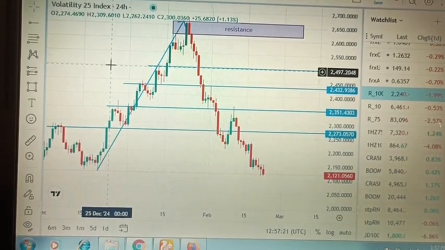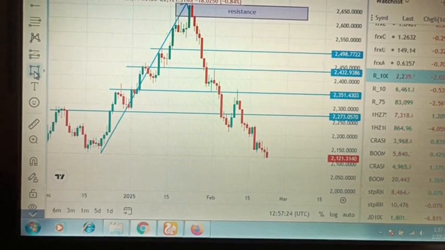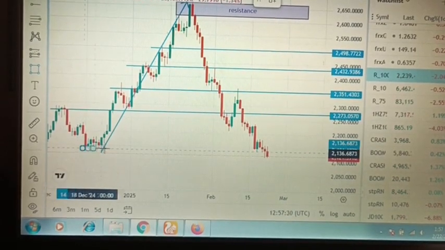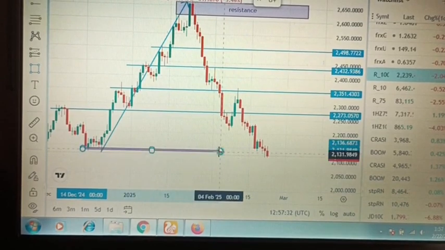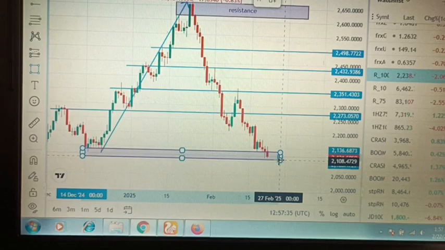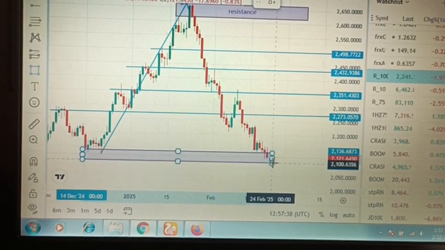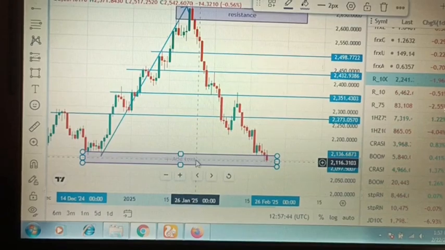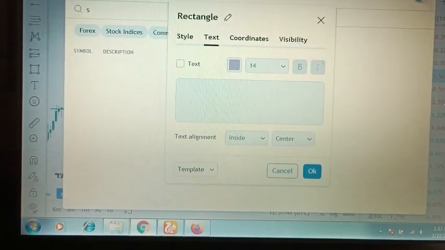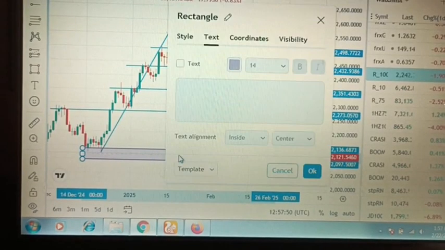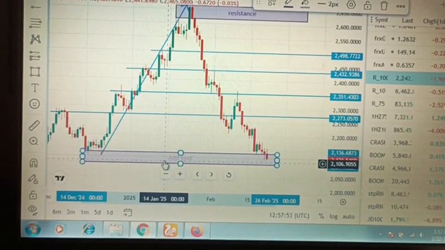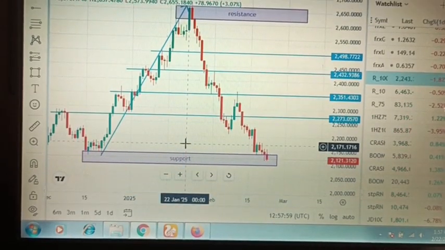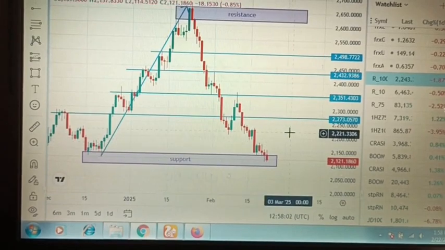And this is a general support. This is a general support.